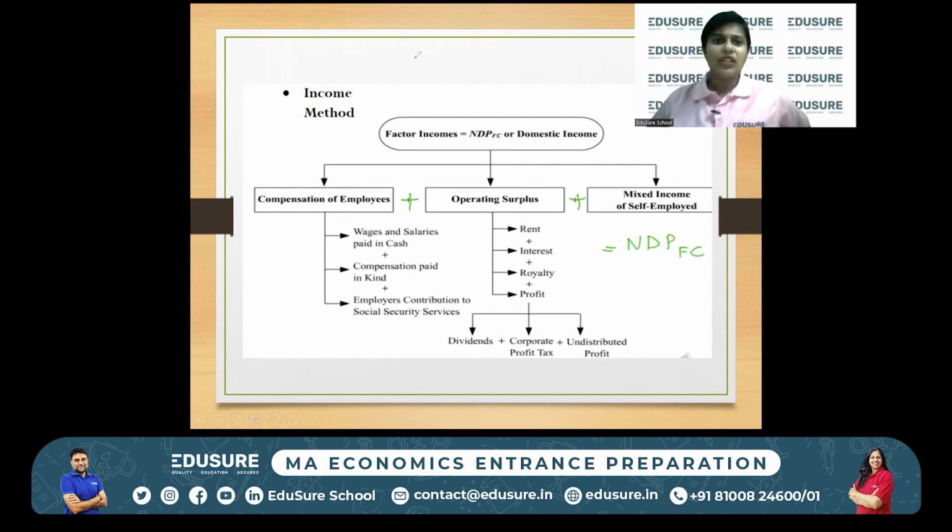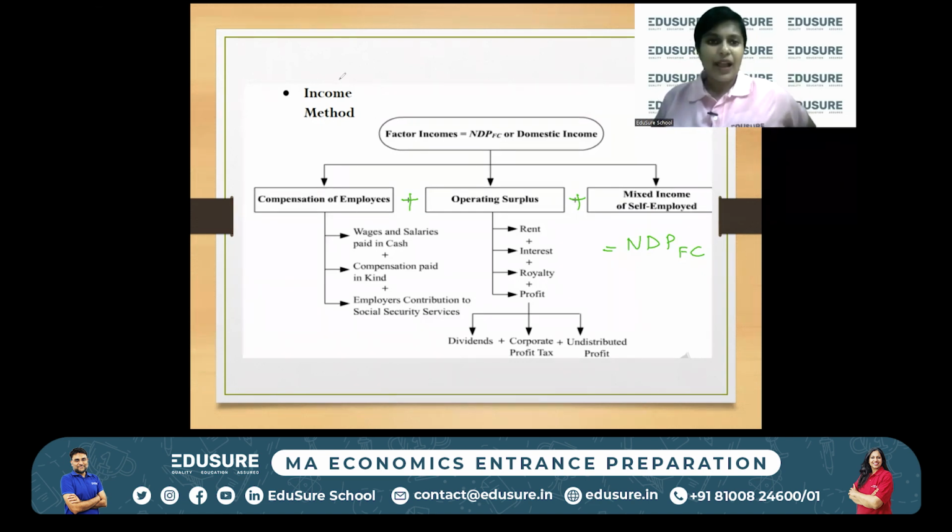So that's the interesting thing, that so far we have done two methods, right? We did expenditure method and we did value added method. The sum of both the two was GDP at MP. Expenditure method ka sum and value added method ka sum was GDP at MP. Income method ka sum is NDP at FC.